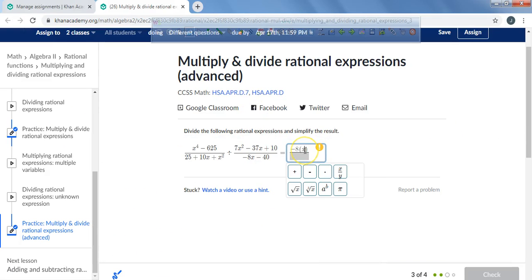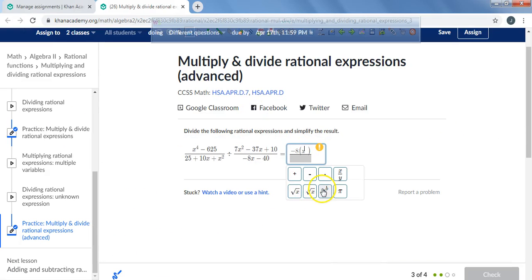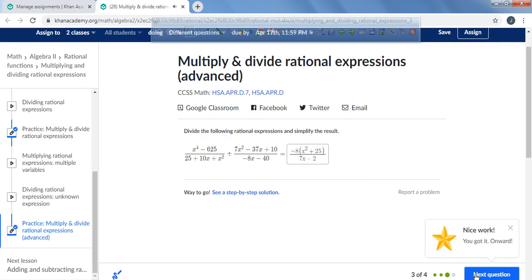Ooh, don't forget the x squared part. X squared plus 25 over 7x minus 2. Now, this is not in expanded form. This is considered to be in factored form up there in the numerator. Let's see. Come on, cross your fingers and toes. Boom! Nailed it.